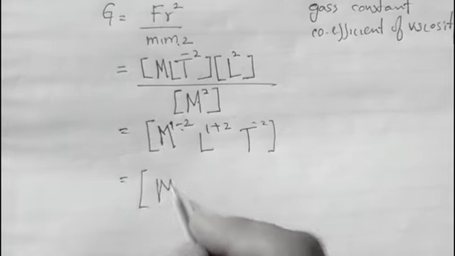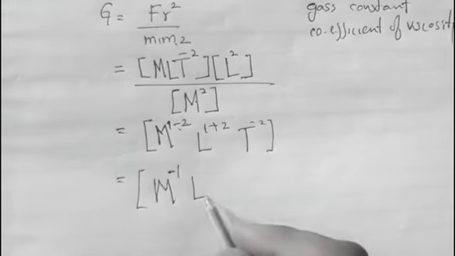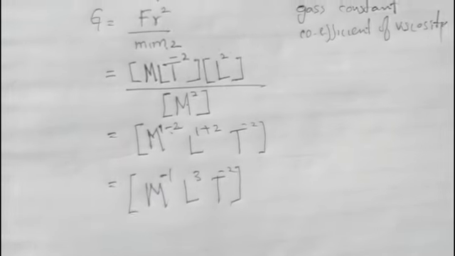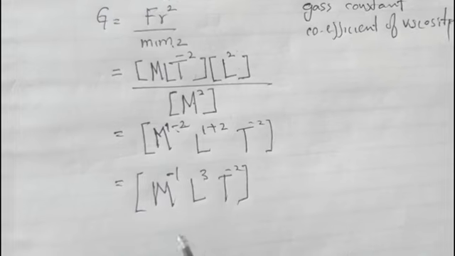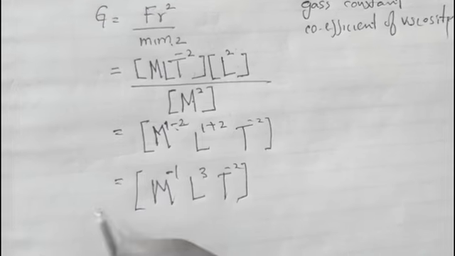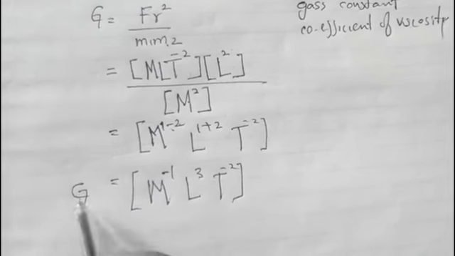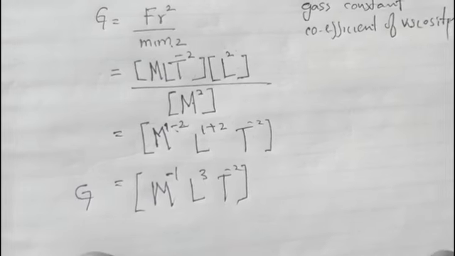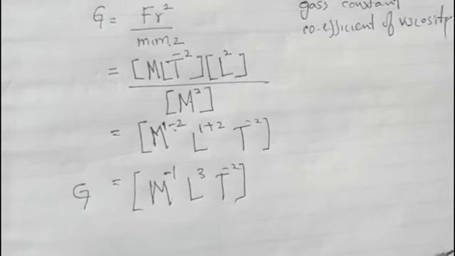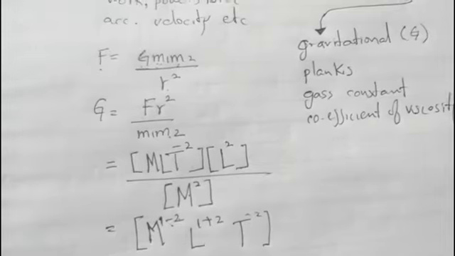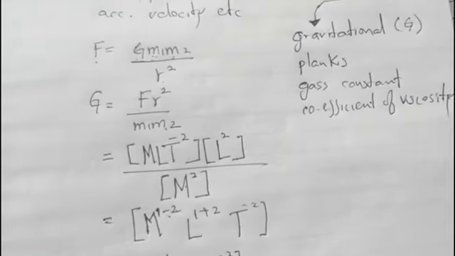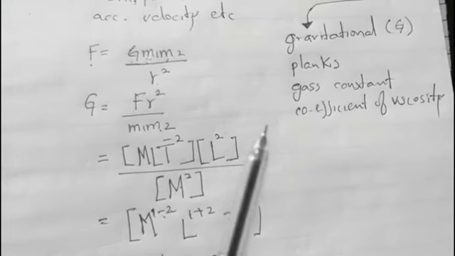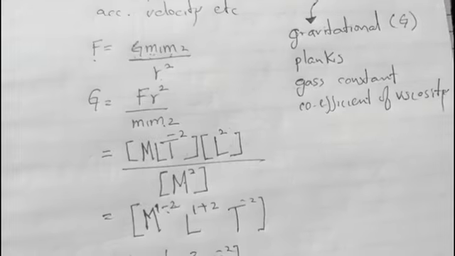So we get M minus 1 L 3 T minus 2. These are the dimensions of the gravitational constant. In the same way, by following the same procedure, we are able to find the dimensions of other constants like Planck's constant, gas constant, coefficient of viscosity, etc.